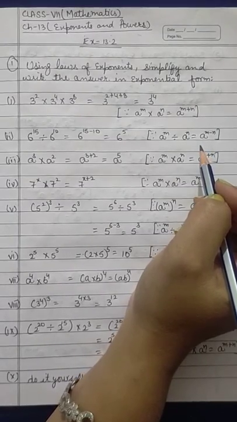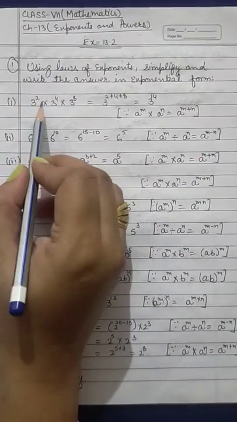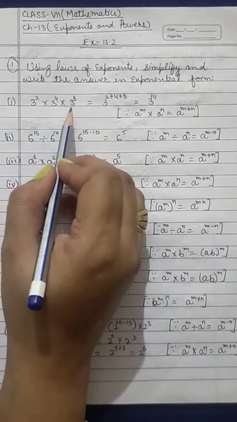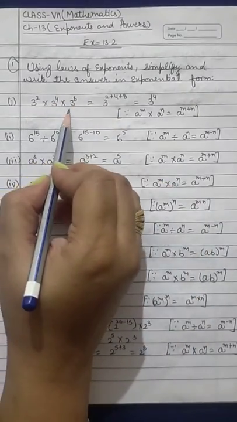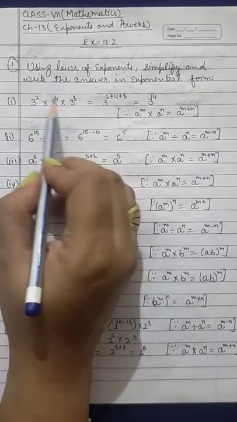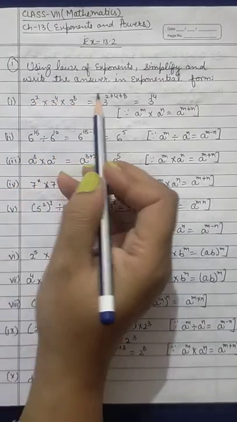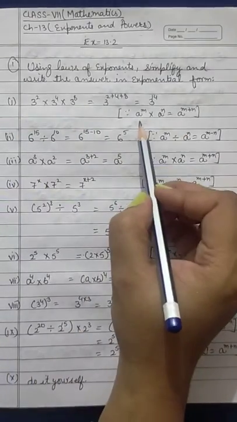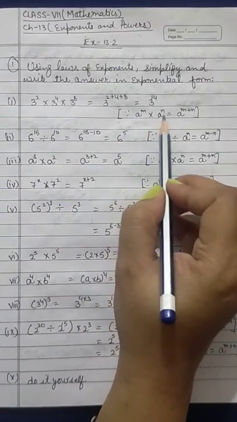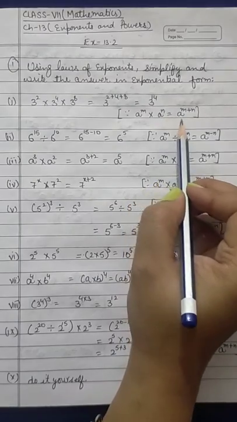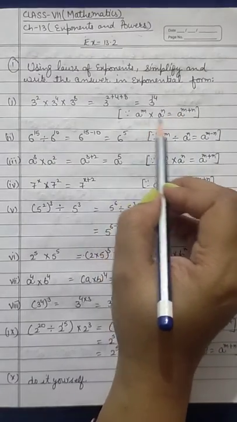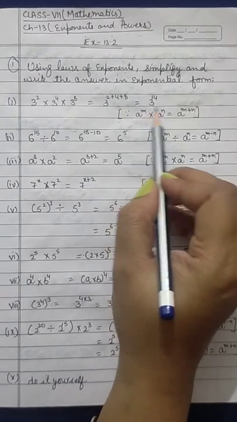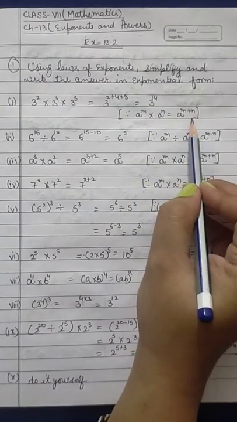See, in the very first part, we have 3 raised to power 2 multiply 3 raised to power 4 multiply 3 raised to power 8. You can see here the bases are the same with the multiply sign and the powers are different. So we will use the first law: a raised to power m multiply a raised to power n is a raised to power m plus n, because when the bases are the same with the multiply sign and powers are different, we add their powers.